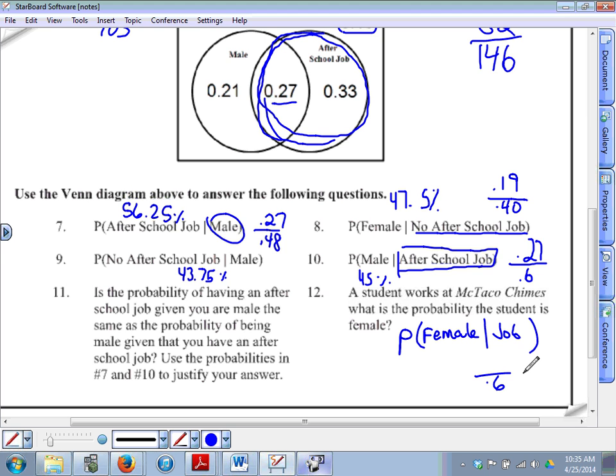So we've got to be careful on this one. It's going to be 0.19 for female, because that's the probability. 0.33. It's 0.33. We have to assume that the after-school job that 0.3 is female. We have an argument going on.